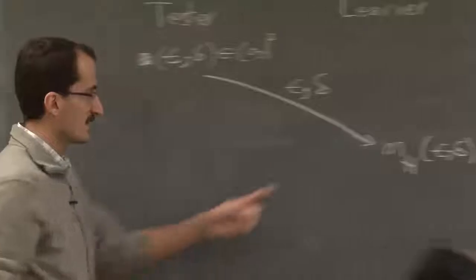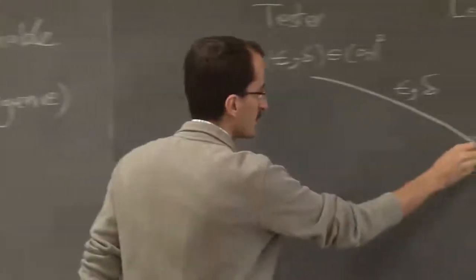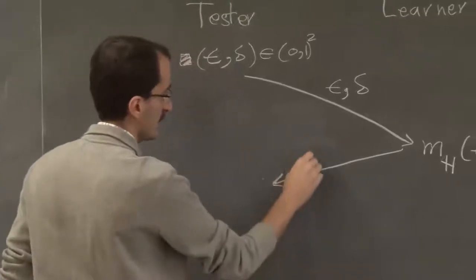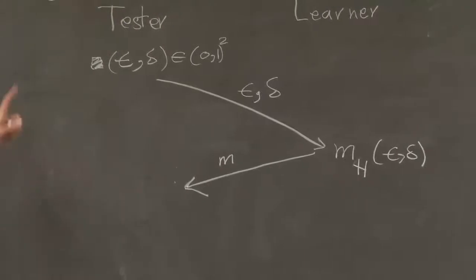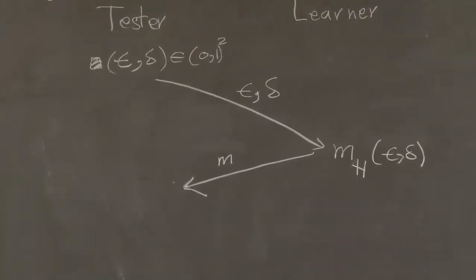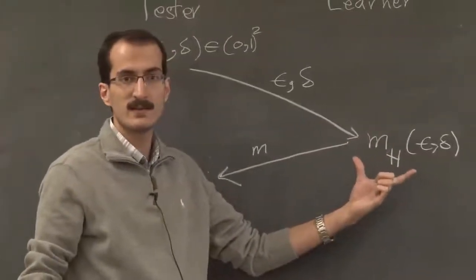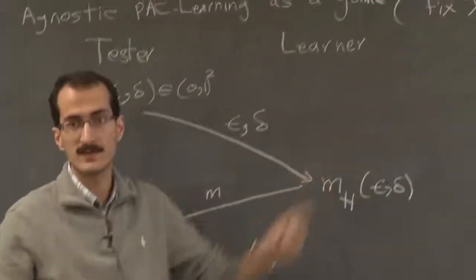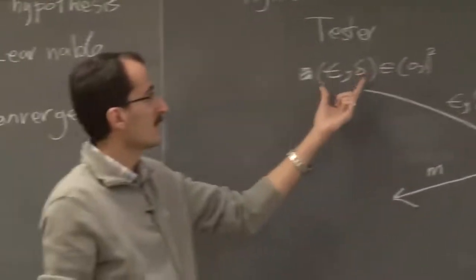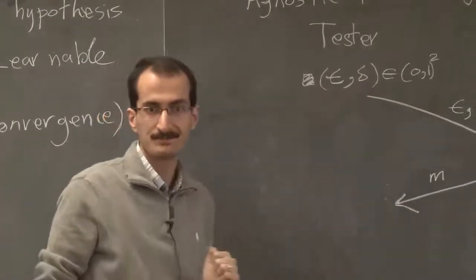It's important to see that the learner doesn't know anything about the distribution, just knows about the hypothesis class and how accurate it should be.